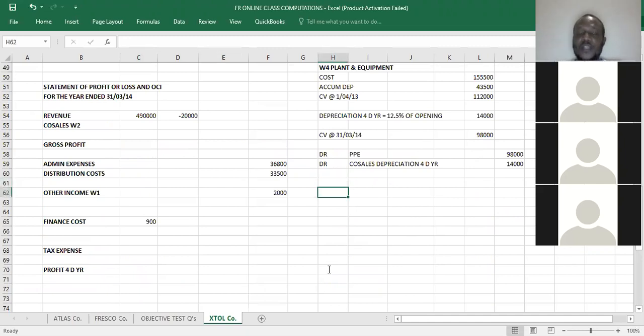We do have a suspense account. So let's look at the issue. Do you have another dividend?